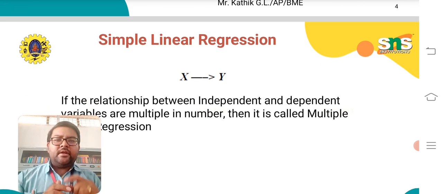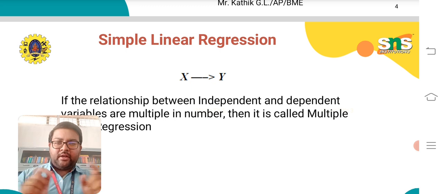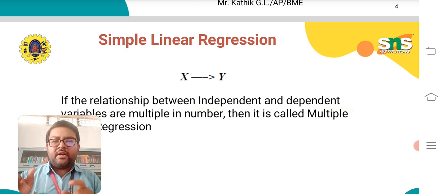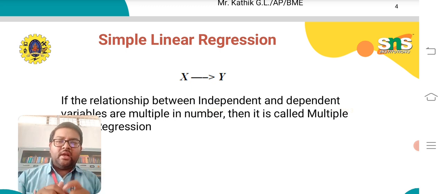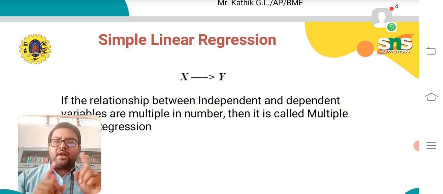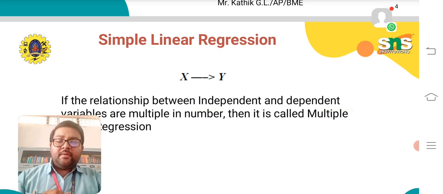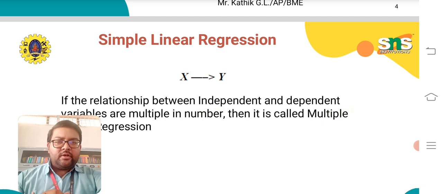In linear regression, there are two types: one is simple linear regression and the other is multiple linear regression. In simple linear regression, there is one x and one y, one independent variable and one dependent variable. If there are more independent variables, then we call that multiple linear regression.